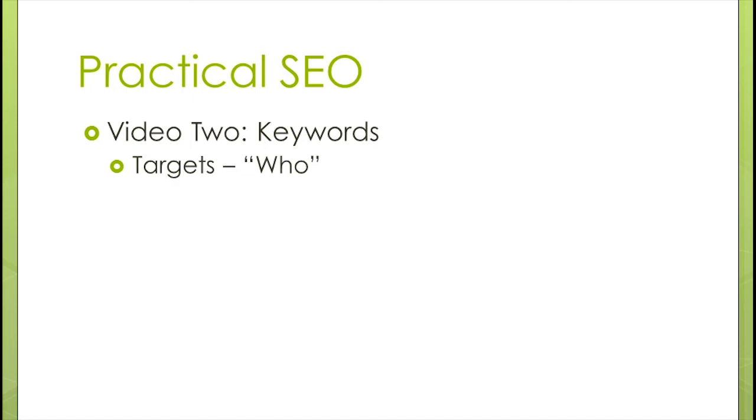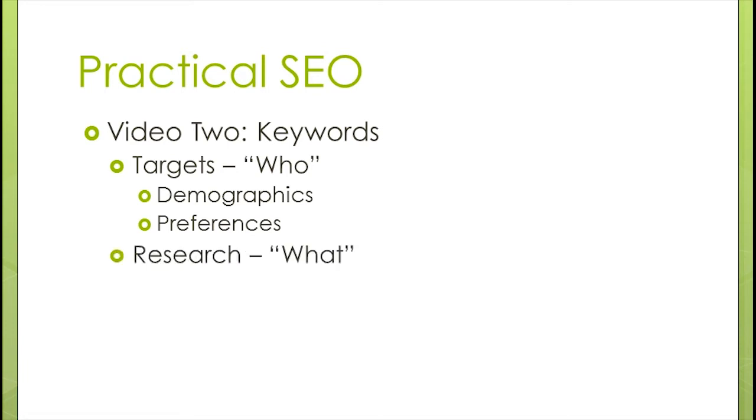We're also going to want to know demographic information as well as what our visitors' preferences are. Because once we know who we're actually targeting, we'll be able to go on to answer the next question, which is what keywords are best? What keywords will those people be typing into the search bar in order to find information?